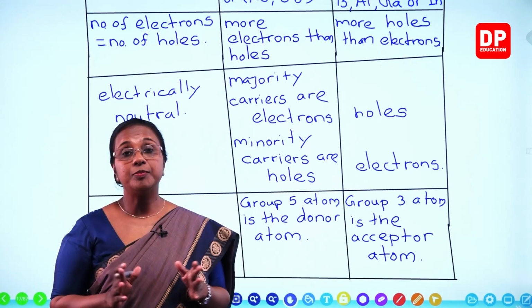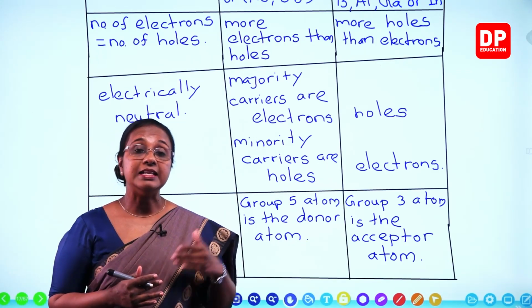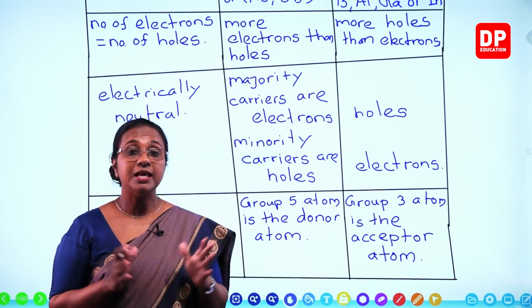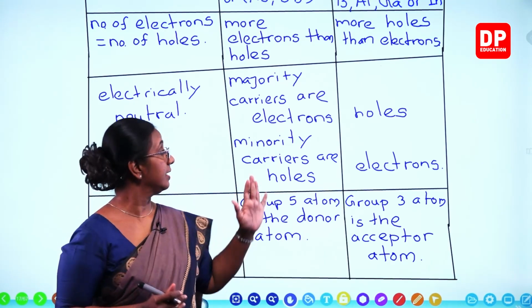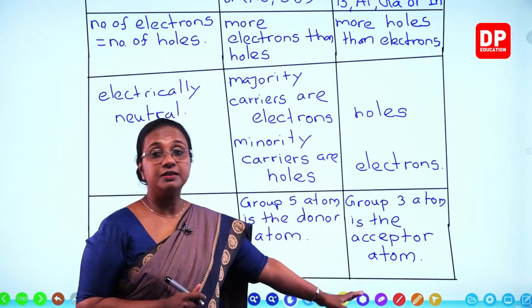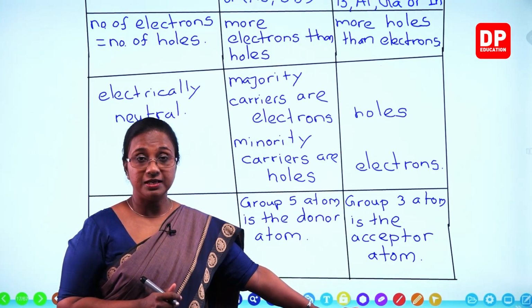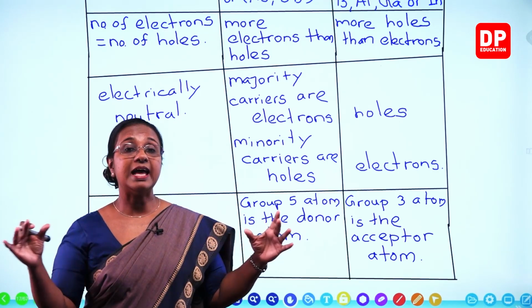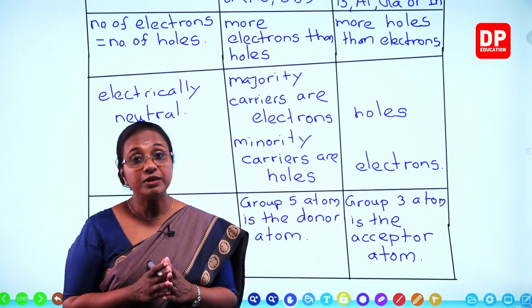And with that, I am going to end this chapter, and in the next chapter, we will try to understand what will happen if we combine the N-type semiconductor with a P-type semiconductor, or if we have a semiconductor material that can be doped with two different elements.